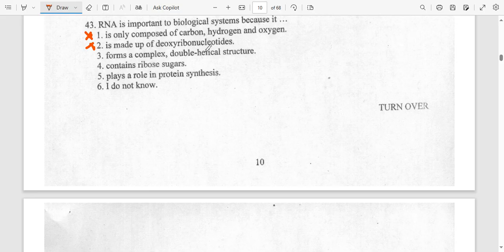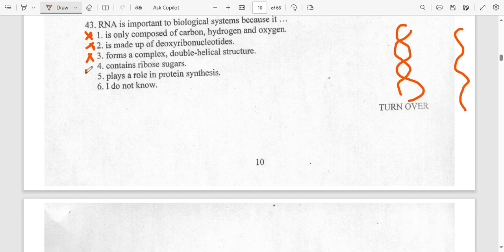Forms a complex double helical structure. It's not double helical, it's a single strand. DNA is going to be like this, but RNA is just going to be like this. It is single stranded. Contains ribose. This is true, it does contain ribose.